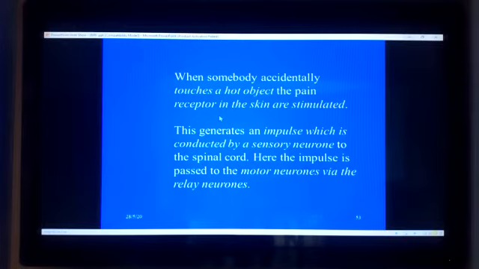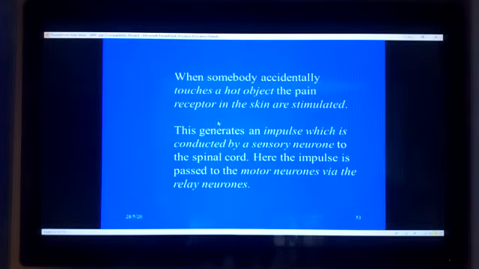Now, when somebody accidentally touches a hot object, for example, what happens? From the time at which the stimulus is generated, and then an impulse is created within the nerve cell, it is delivered to the central nervous system, that is the spinal cord, until it reaches the effectors through the motor neuron.